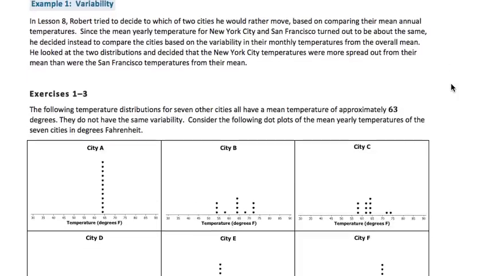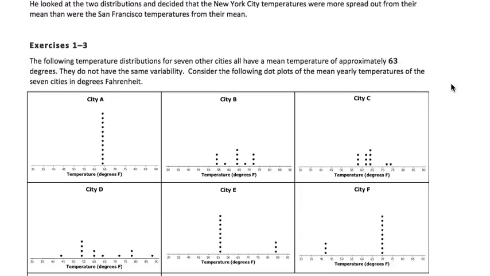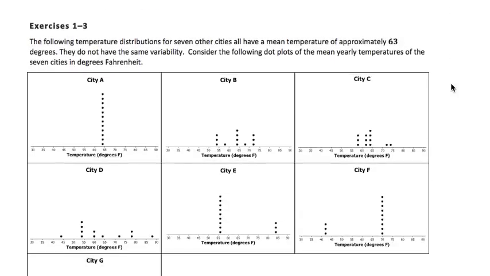The following temperature distributions for 7 other cities all have a mean temperature of approximately 63 degrees. They do not have the same variability. Consider the following dot plots of the mean yearly temperatures of the 7 cities in degrees Fahrenheit.